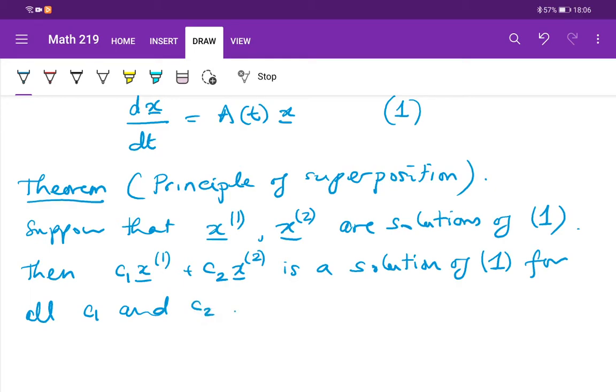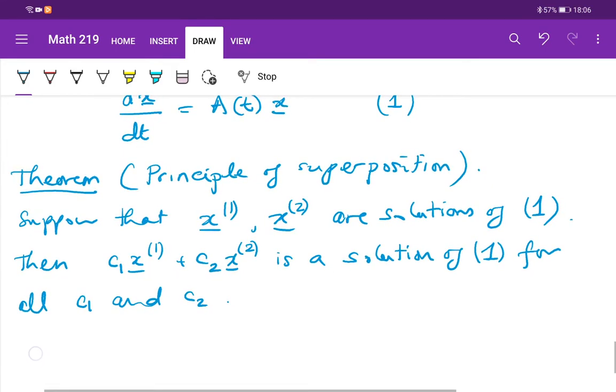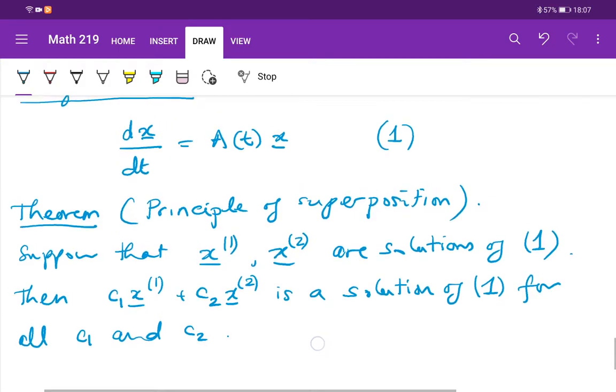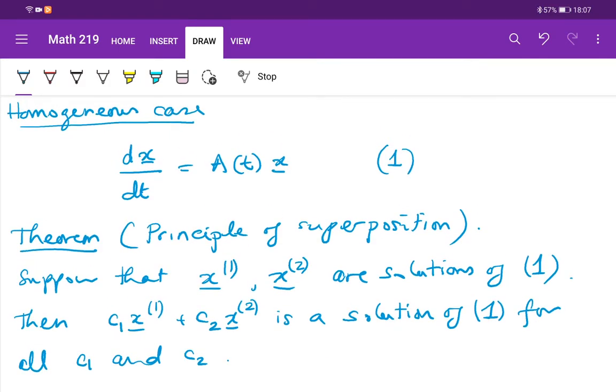So c1 and c2 are just numbers here. For numbers c1 and c2, this linear combination is a solution. The proof of this is easy. I'll leave it as an exercise.